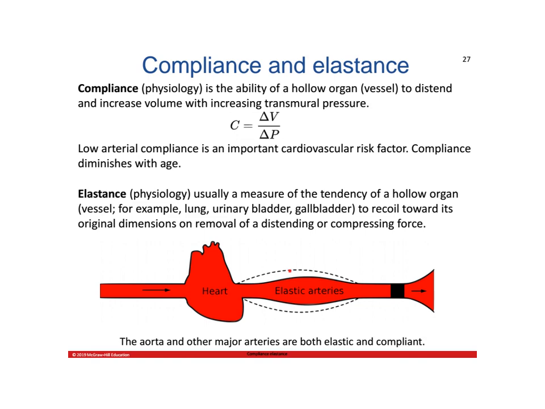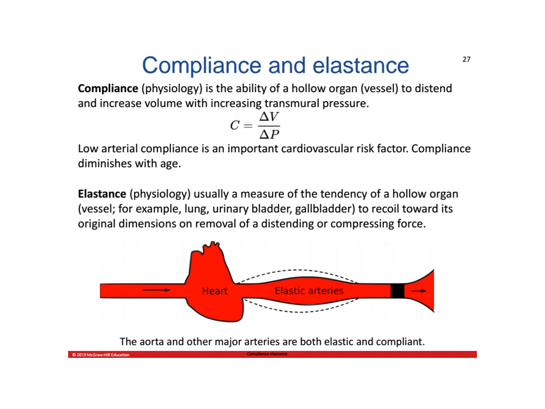Because they're compliant, they increase in diameter, but they also show elastance. They have these elastin protein fibers within their walls, and so they recoil during diastole. And so this elastic recoil tends to squeeze the blood and increase the pressure during diastole.